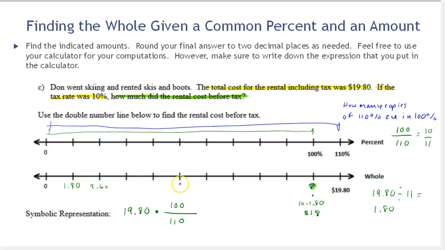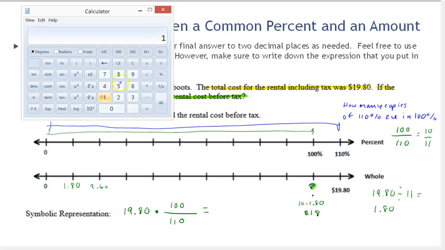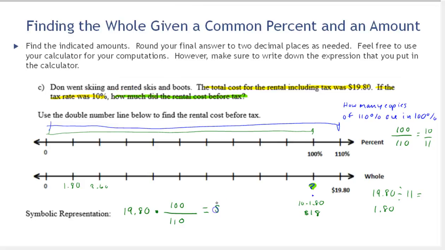Okay, here what we did is we divided by 11, multiplied by 10, so we ignored the zeros in this problem, but it is equivalent. So 19.8 times 100 divided by 110 gives us $18, which corresponds to our result.